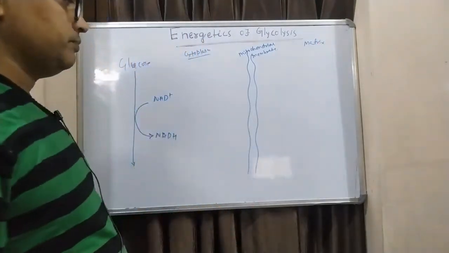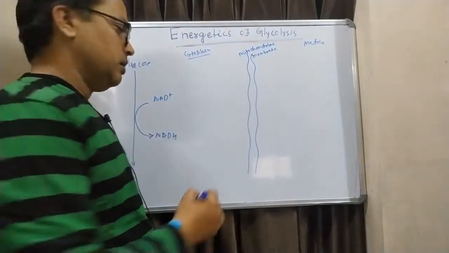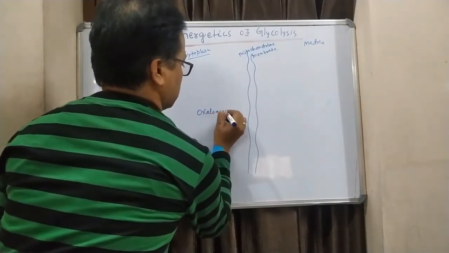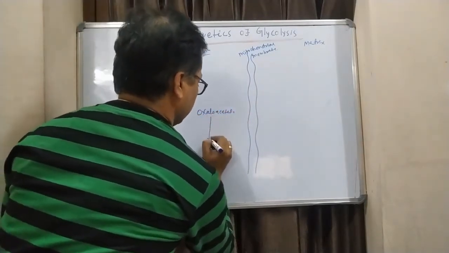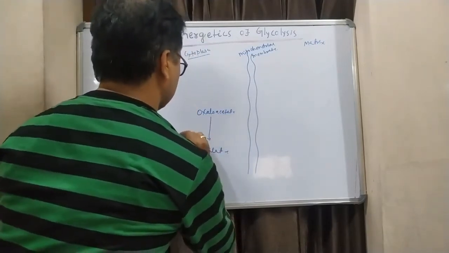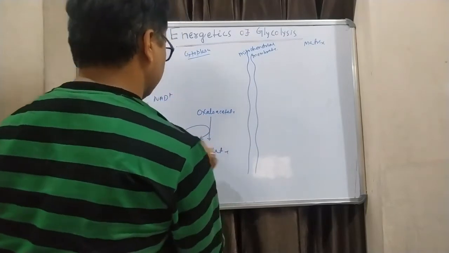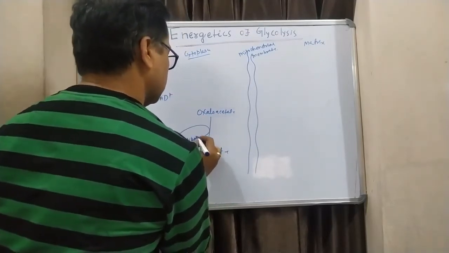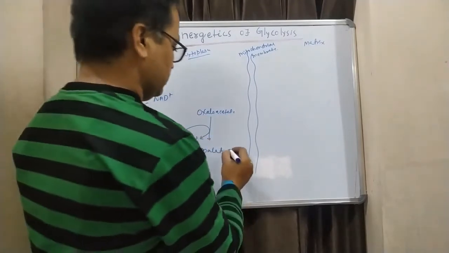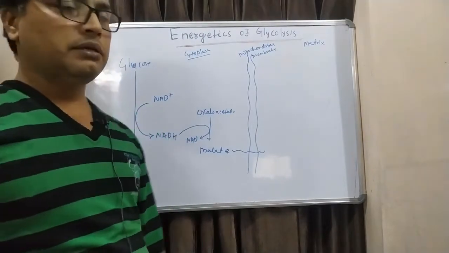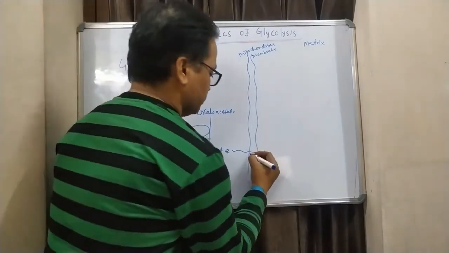In the cytoplasm, first oxaloacetate will be converted to malate with the utilization of NADH, which is converted to NAD plus. This malate will be transported to mitochondria through a transporter.